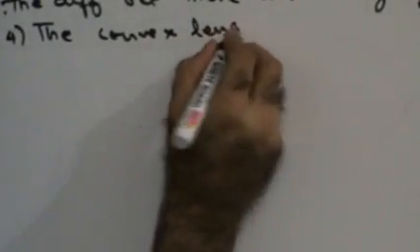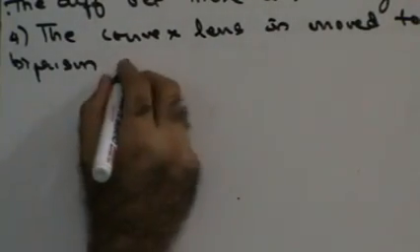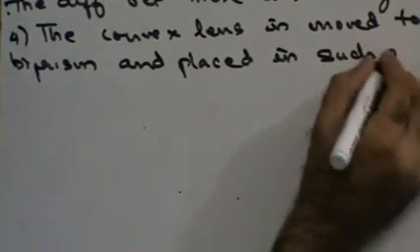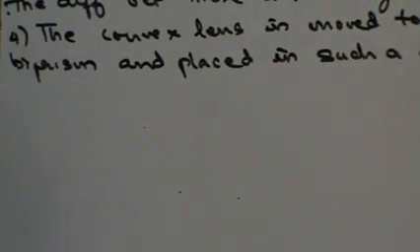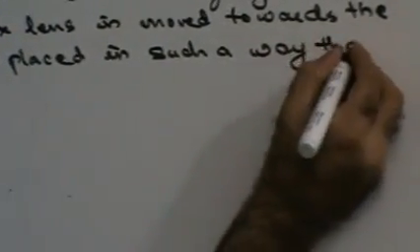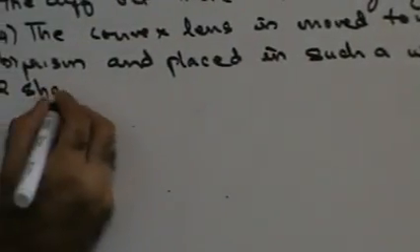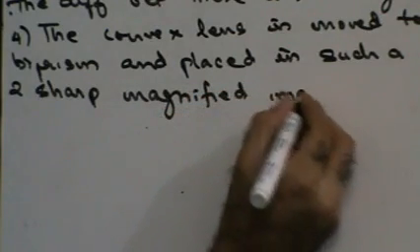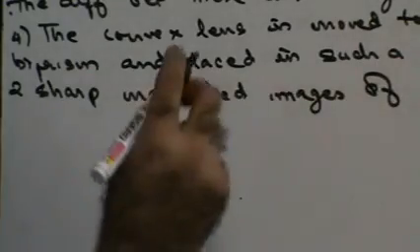The convex lens is moved towards the biprism and placed in such a way that the two sharp magnified images of the slit are seen.